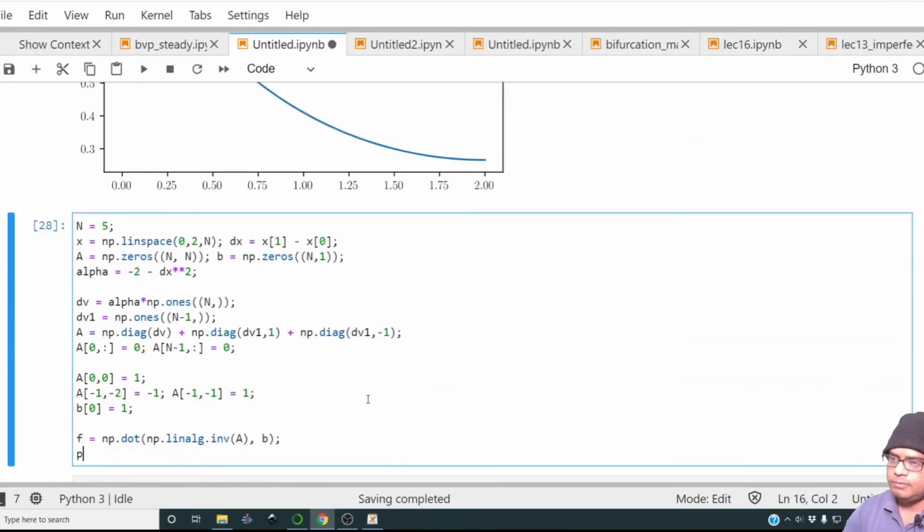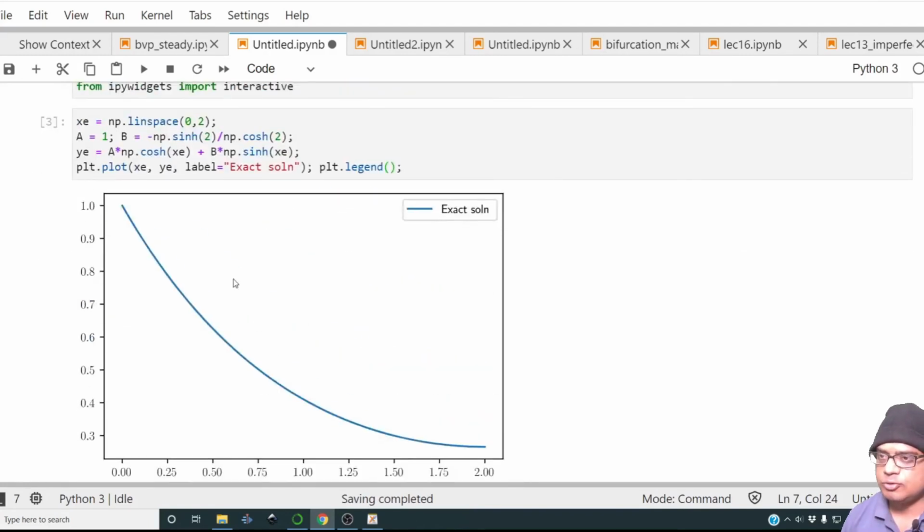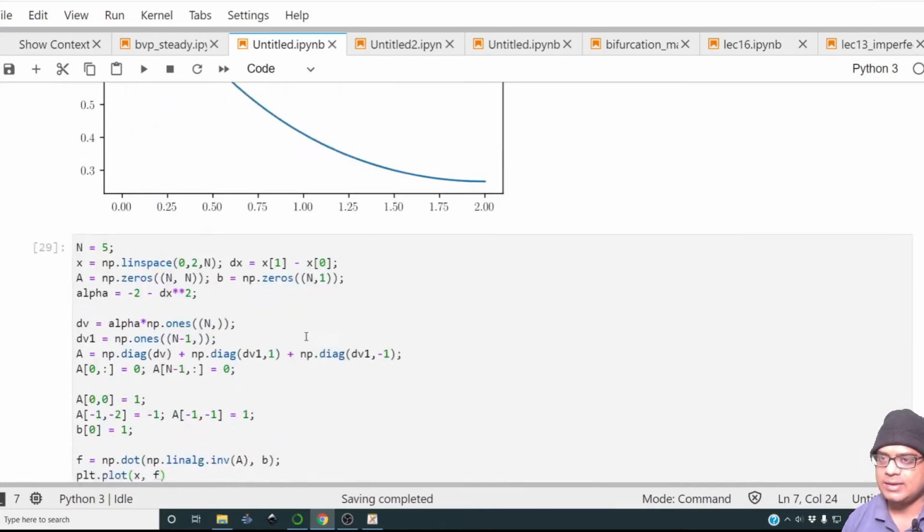So plt.plot x comma f. Well, let us try to superpose this with the earlier solution. What was it? xe and ye.